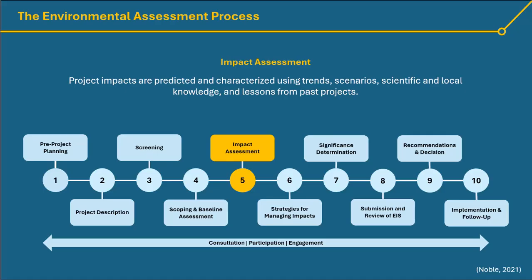So environmental modeling, such as water flow and emissions. It's going to draw on risk assessment procedures, traditional knowledge and community input, social and health impact assessments. Those are all going to have a part here. And uncertainty is a really big issue during this stage.